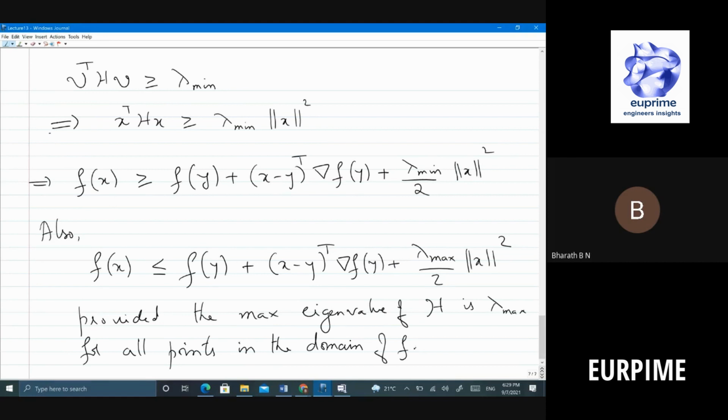It's quite useful when we look at what are called convex functions or concave functions. It'll be very, very useful. Any questions? I'll pause for a minute. Linear algebra is quite useful even here, right?